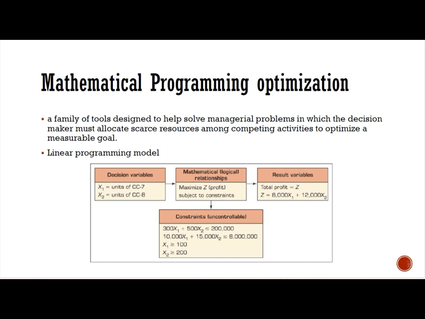Every linear program model is composed of a decision variable, an objective function, objective function coefficients, constraints, and capacities. That is what we're looking at.